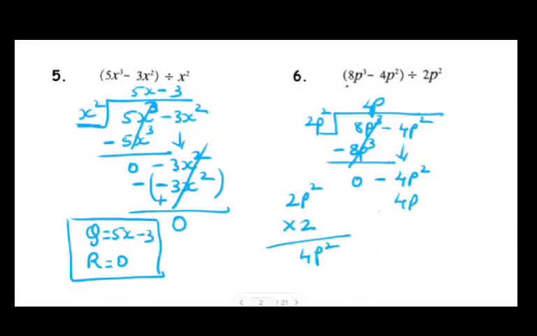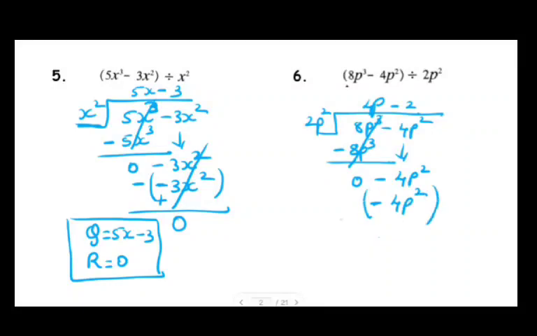If I get a 4p square, I will have to add the division sign and then I get an 8p square. And then as I told you, as far as possible, I will have to make sure that my remainder is a 0. So I will multiply my 2p square by a minus 2. Alright, so 2 into 2, 4, rather minus 4, and the p square follows.